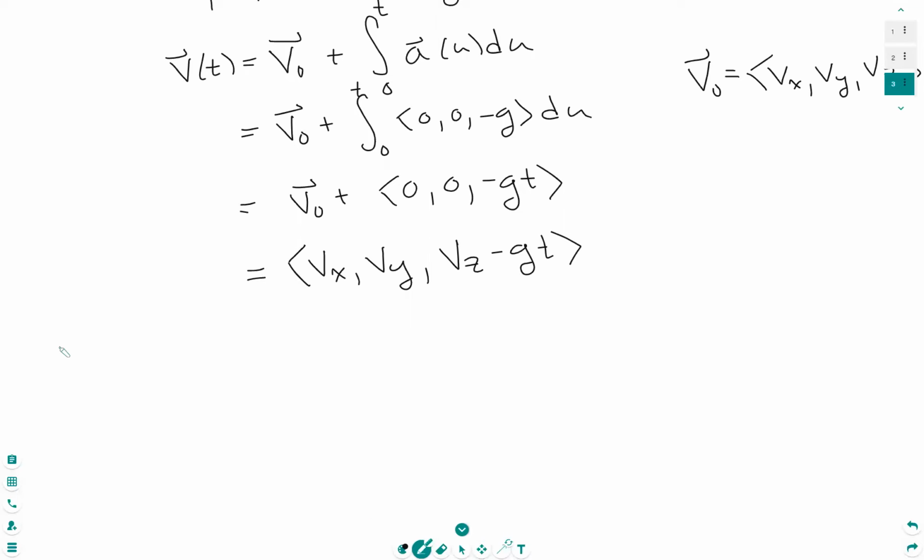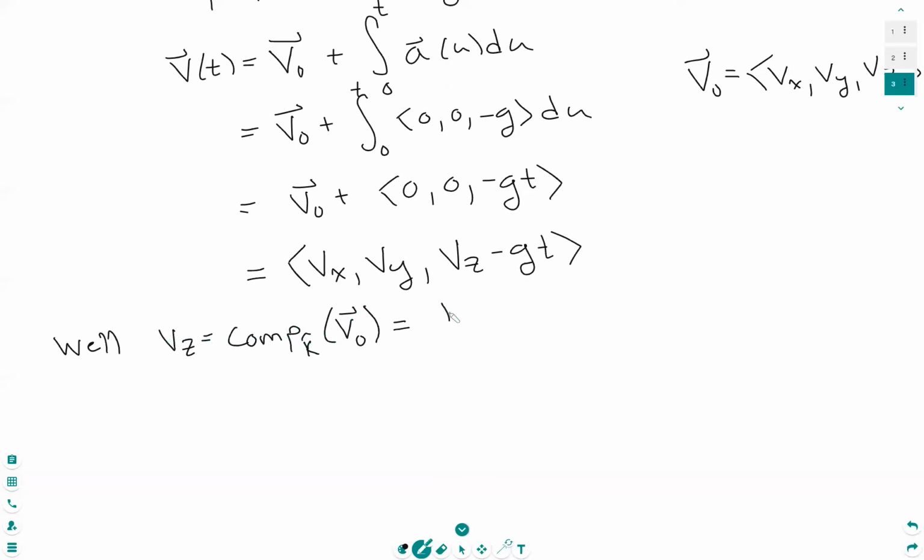Well, Vz is basically our decomposition of V naught in the k hat direction. Basically, it means the z component of V naught, right? But what we can do is use our definition.